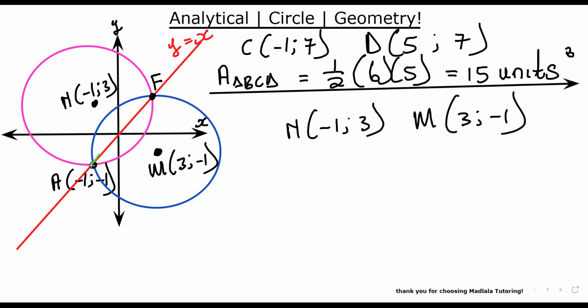If you look at AF, what do we call it in Euclidean geometry? Well, it's a chord. Okay. And what do we call a line from the center to any point on the circumference? It's the radius, right?